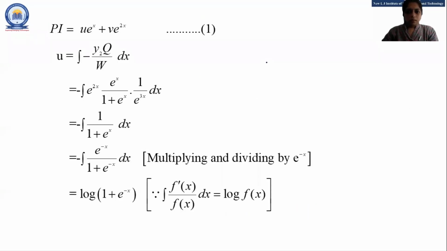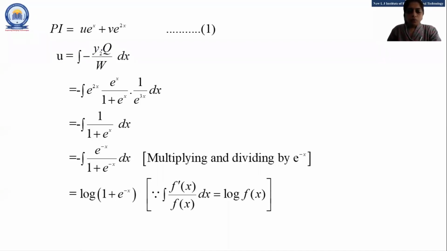That is, the particular integral yp. What is yp, students? It is u e raised to x plus v e raised to 2x, that is u y1 plus v y2, right? So for u, the integration of minus y2 q upon the Wronskian into dx.